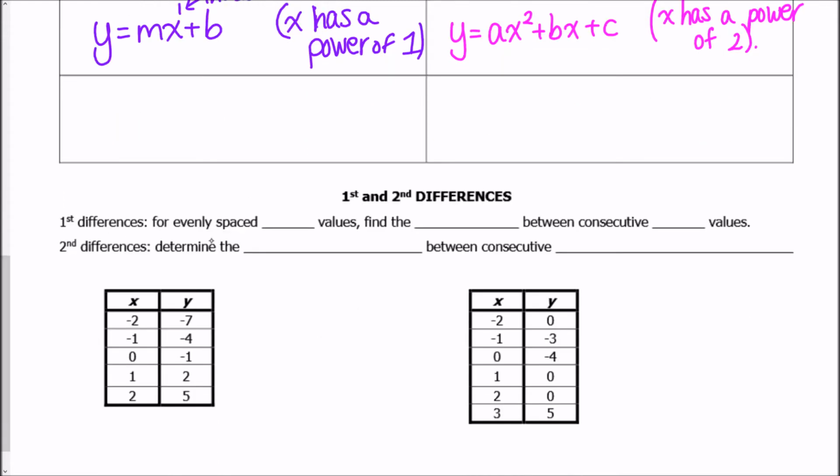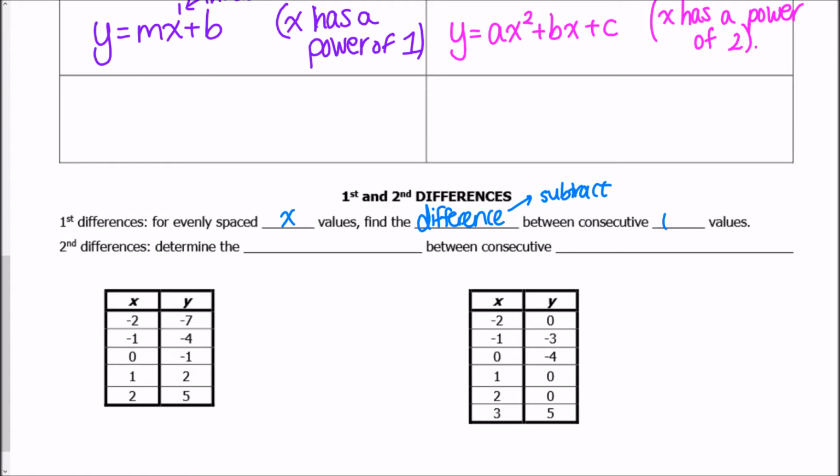The second part we'll fill in a minute. But right now, what I want to do next is fill in our information about what first and second differences are. So for first differences, to find our first differences for evenly spaced x values, we're going to find the difference between consecutive y values. And don't forget, when we're trying to find the difference between two numbers, all we're going to do is subtract.